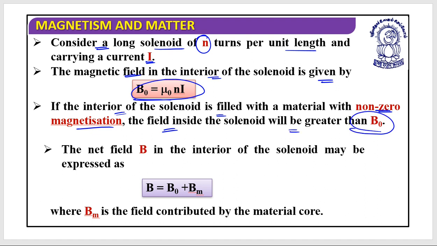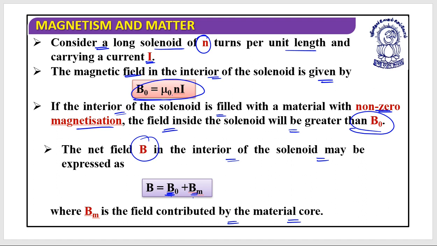The net magnetic field B in the interior can be the addition of B naught and Bm. Bm is the field contributed by the material core, and B naught is the magnetic field due to the external current, mu naught nI.